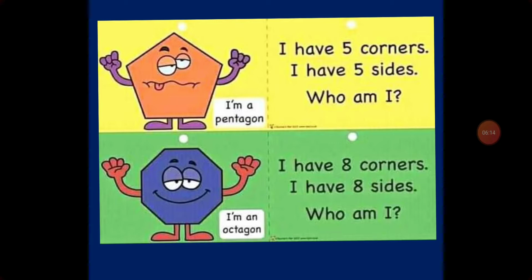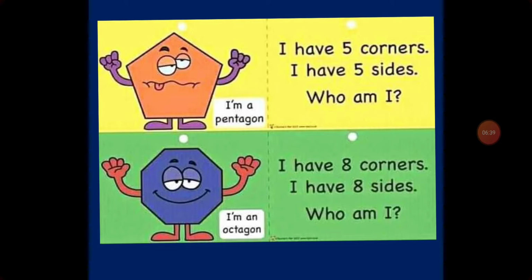I am a pentagon. So, how many sides does a pentagon have? 5 sides. Okay? And 5 corners. 1, 2, 3, 4, 5. The sides are 5, the corners are 5.